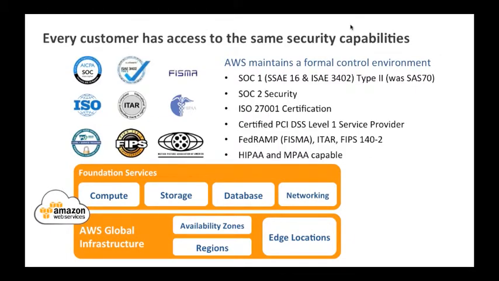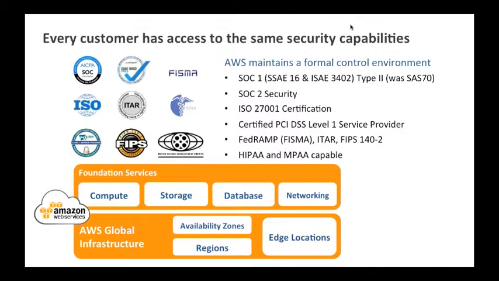One of the things that customers do get from leveraging our platform is access to the same type of security capabilities, whether you're a small company or a big company. And when you're running inside AWS, the way that we make transparent to our customers how we're securing our infrastructure is through the use of third-party audits and attestations, as well as several different industry certifications. You can see a list of some of the control environments that we maintain.